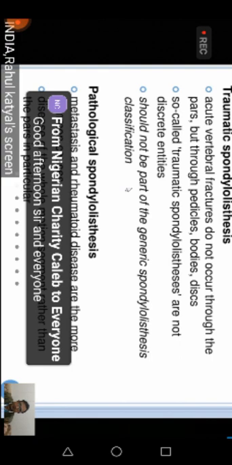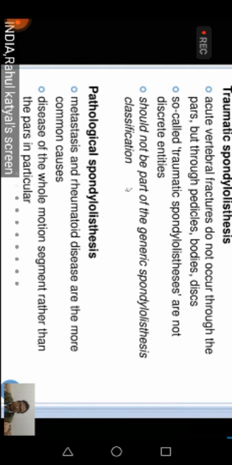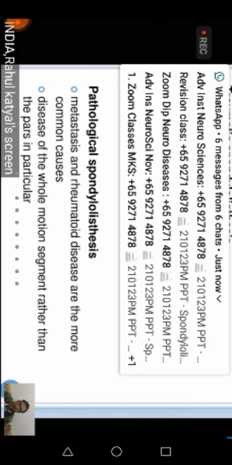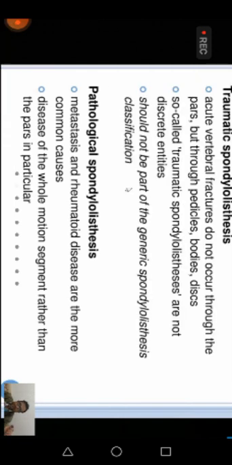So a shift occurs in the vertebra, which causes some compression around the nerve, which causes the sciatica-like symptoms. And also metastasis, any tumor around the spine, sometimes compresses one vertebra over the other vertebra. So that also causes certain pathological changes, which causes pathological spondylolisthesis.